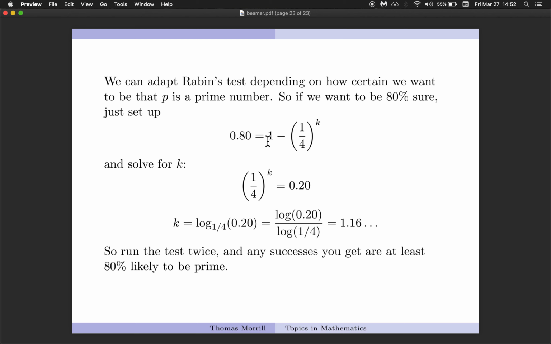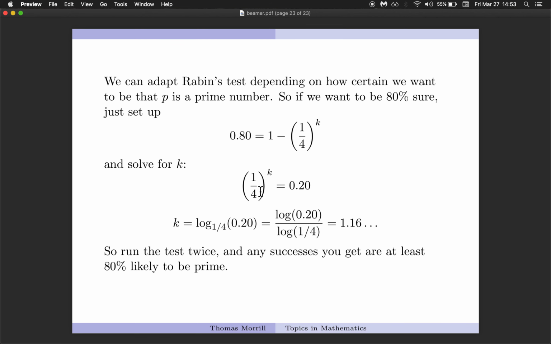That should be 1 minus 1/4 to the power k. k is the number of rounds I have done in the test. And I'm just going to solve for k. I move some stuff around. It says 1/4 to the power k is 0.2. If I want to solve for k, I'm going to be using logarithms. So my base is 1/4. k should be the log base 1/4 of 0.2.